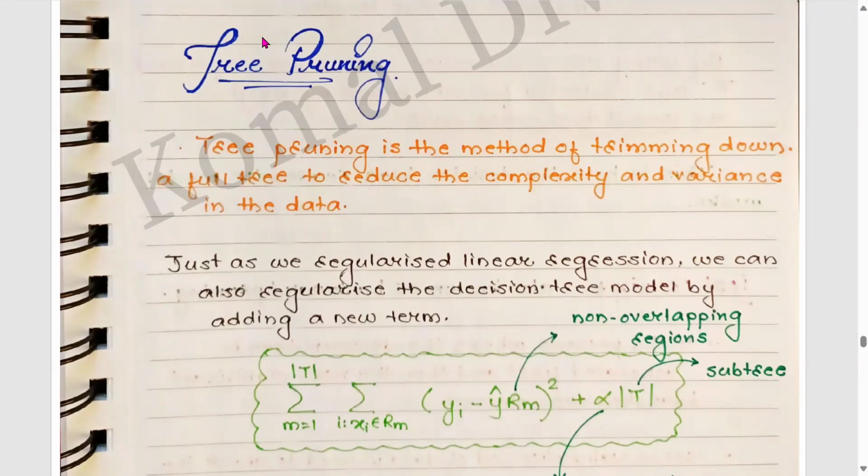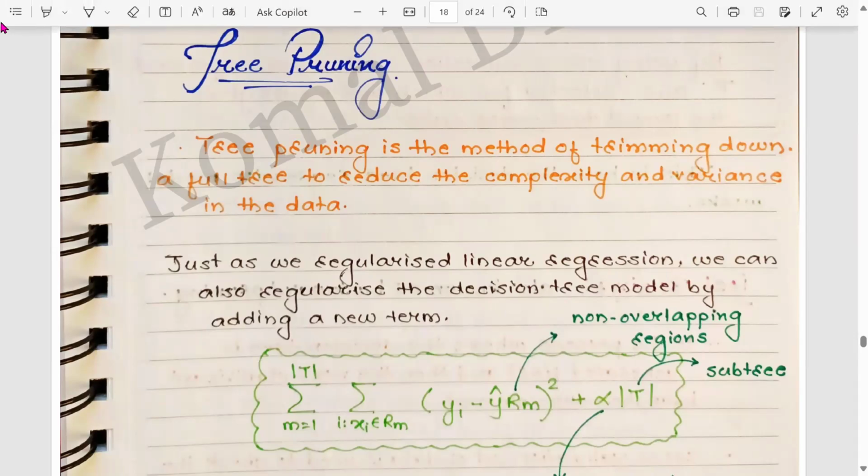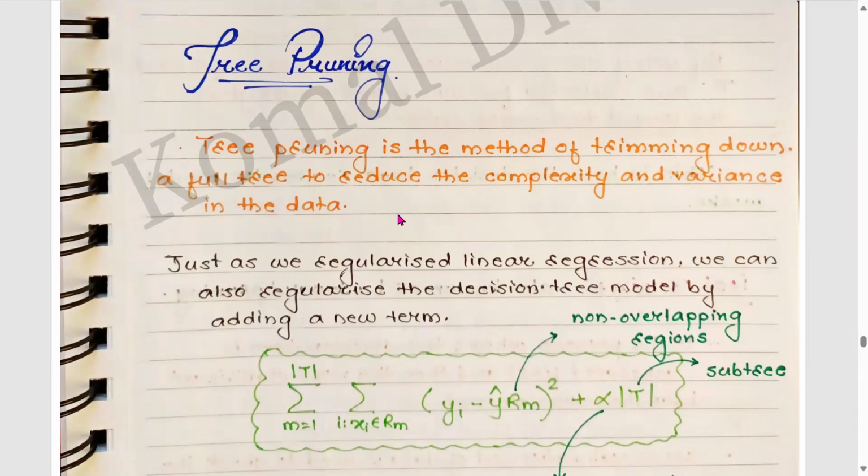Just as we regularize linear regression, we can also regularize the decision tree model by adding a new term.